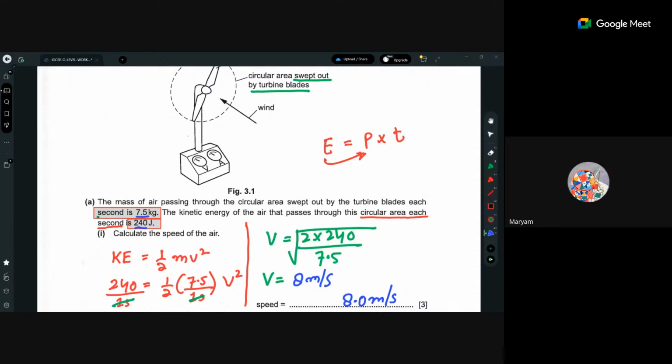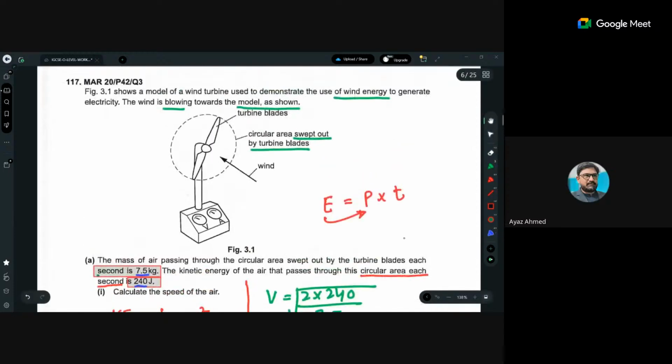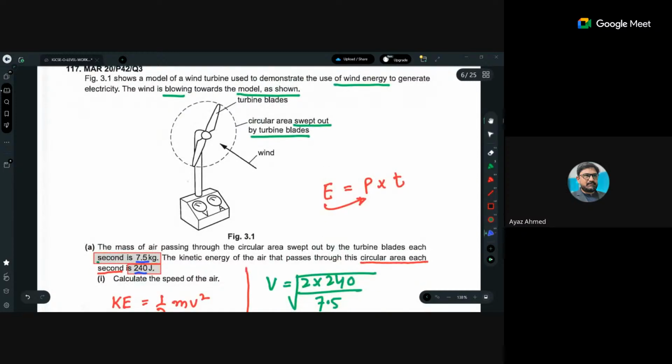Also, sir, what were you explaining about the per second thing? I didn't understand that very well. Yes, sir, me too. Actually, what I was explaining here is that you are given mass per second, right?